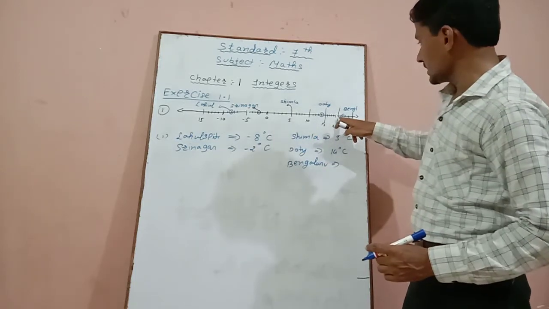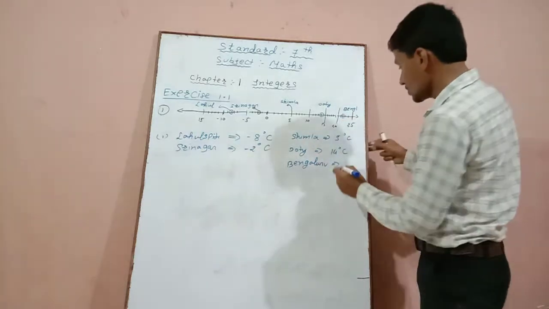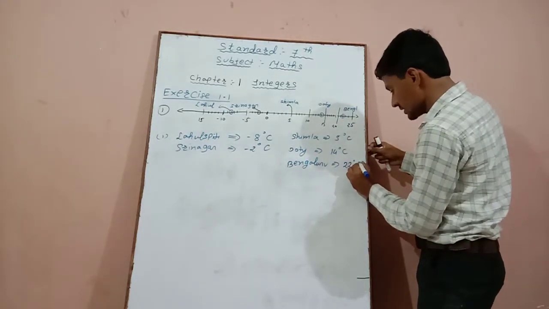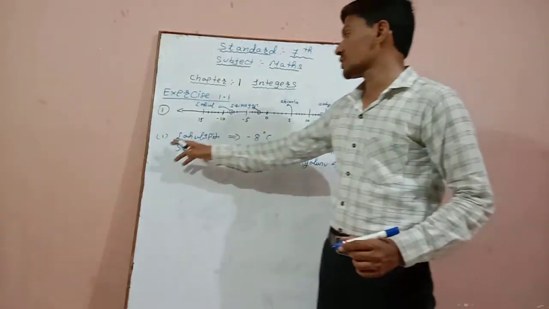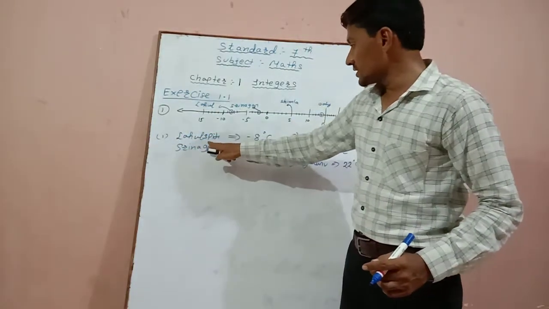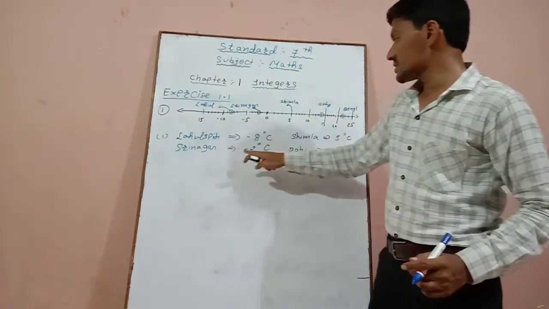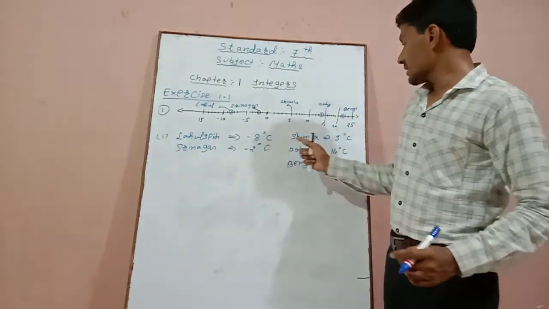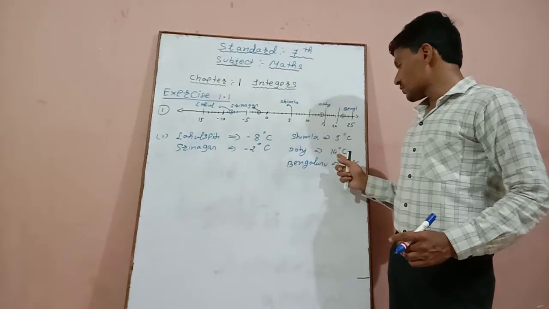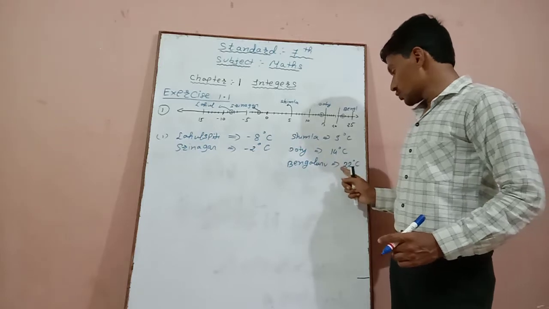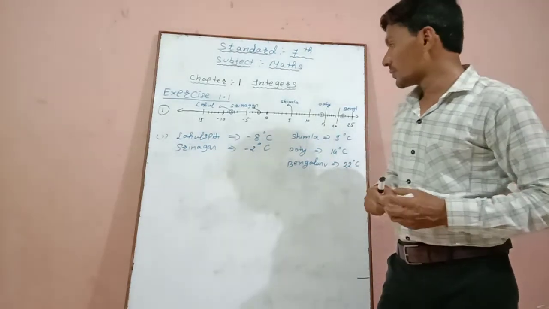Bengaluru is 20 plus 1, 21, plus 1 is equal to 22 degrees Celsius. So this is the answer of question number 1. Lahul Spiti's temperature is -8 degrees, Srinagar is -2 degrees, Shimla is 5 degrees, Ooty is 14 degrees, and Bengaluru is 22 degrees Celsius.